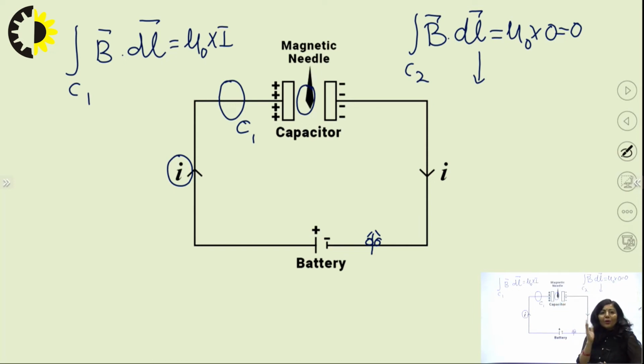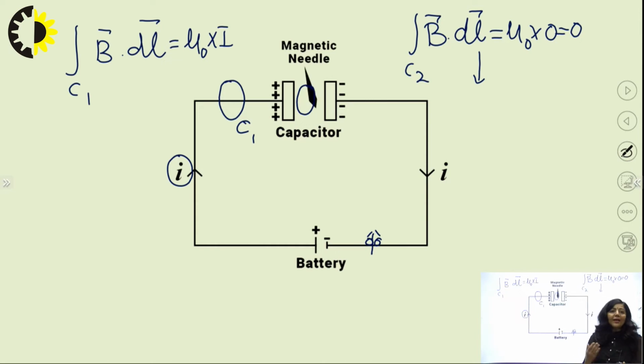And that deflection in the magnetometer box is indicating that we have magnetic field even for loop C2. But according to Ampere's law, there cannot be magnetic field. But practically, there is a magnetic field between these two plates of the parallel plate capacitor for loop C2, where we do not have any movement of electrons, any flow of charge.